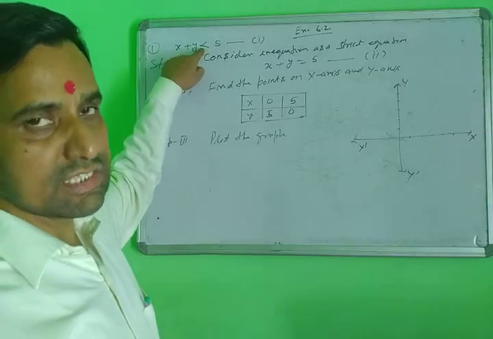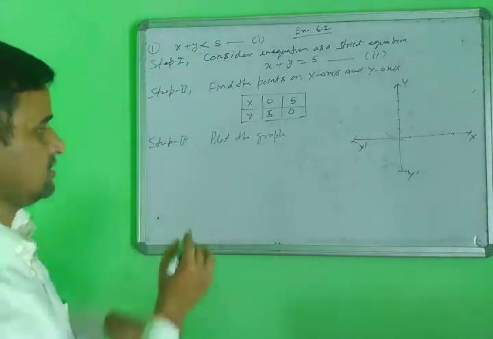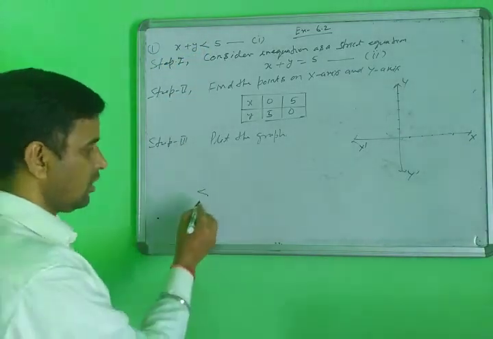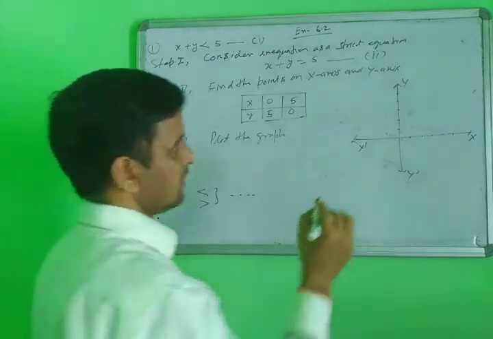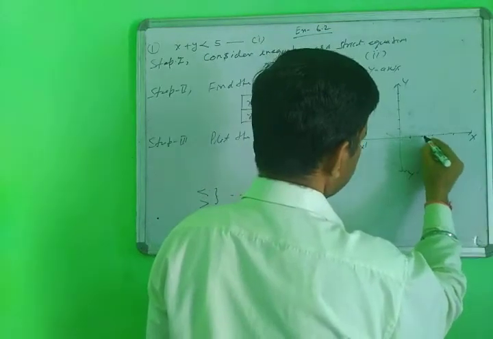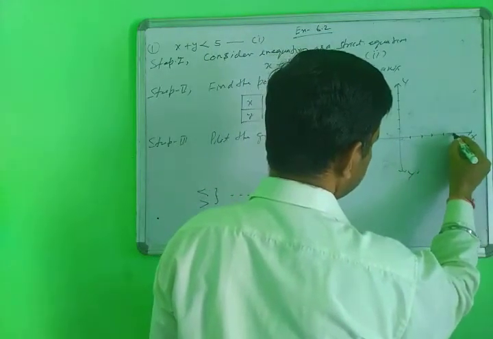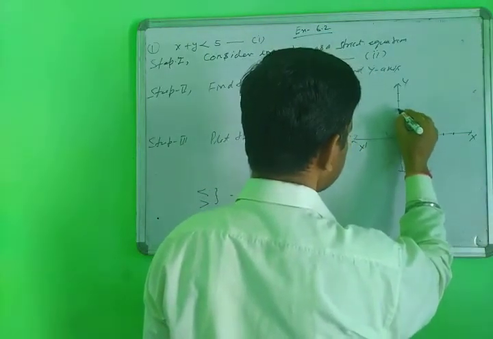Look here: there is only a less than symbol, not including an equal sign. If there is only a less than or greater than symbol, you use a dashed line. So this is the first point, second point, third point, fourth point and fifth point.